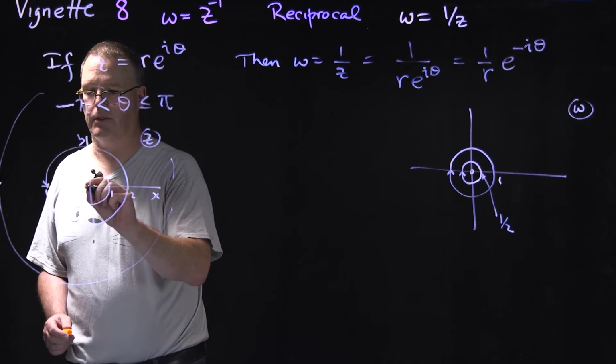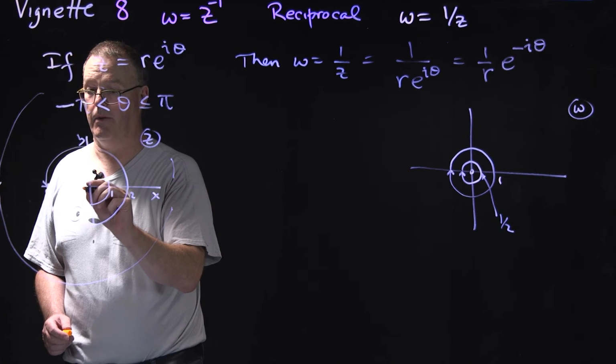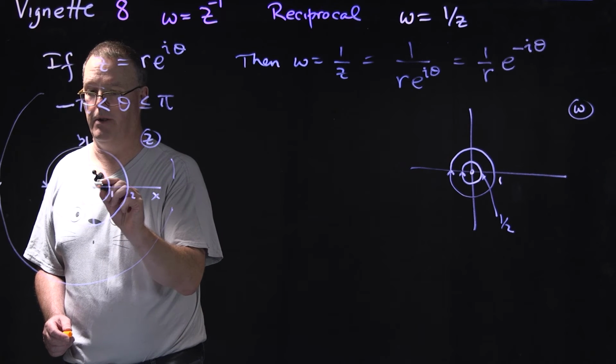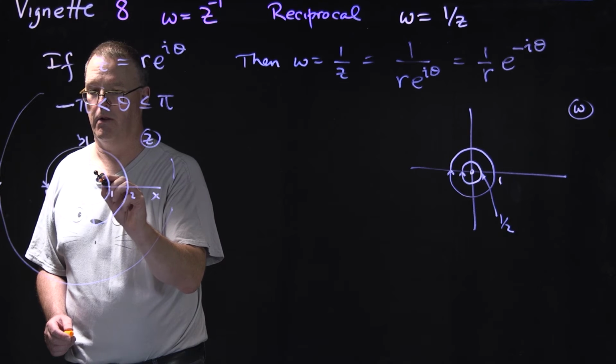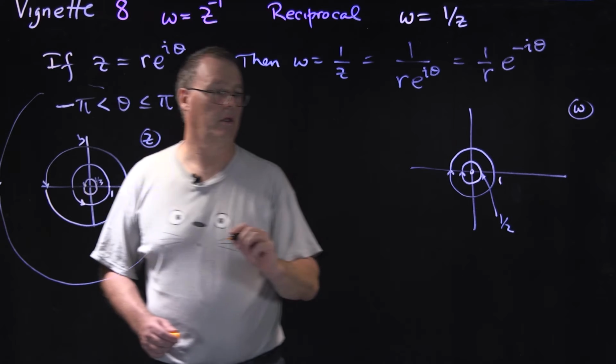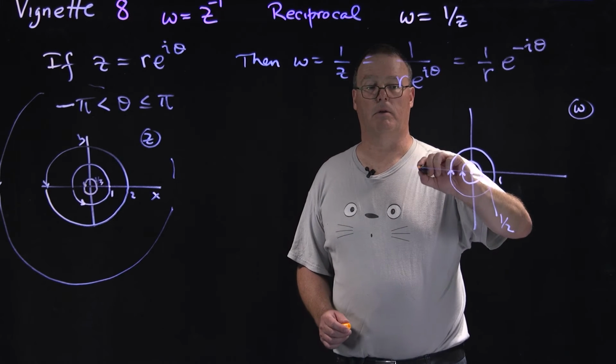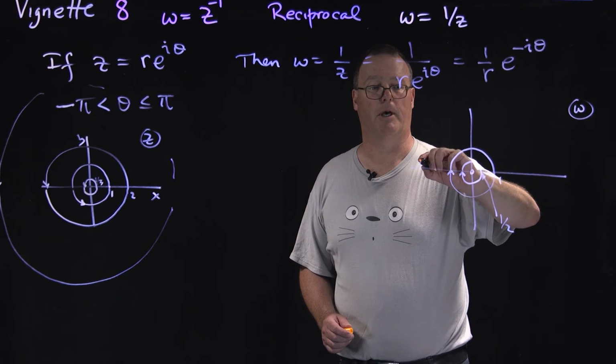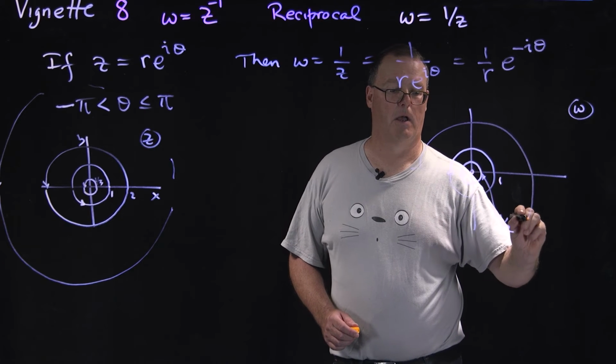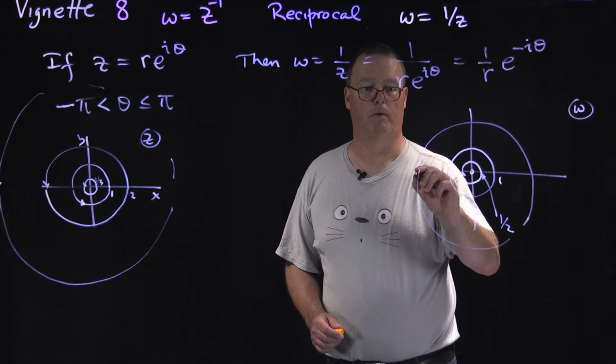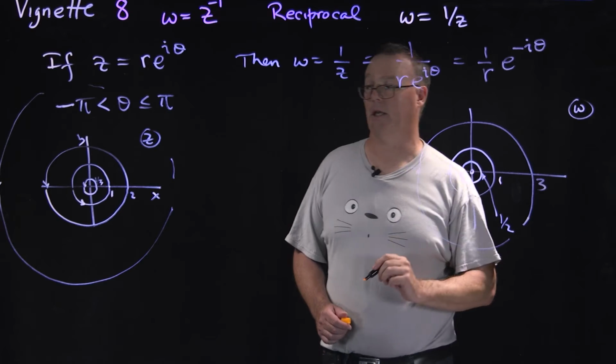Likewise, small circles, so if we start at radius 1/3 here and go around the circle, we will go from the top around here at radius 3.